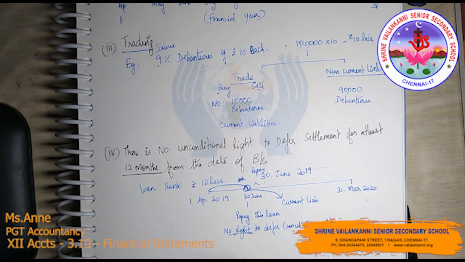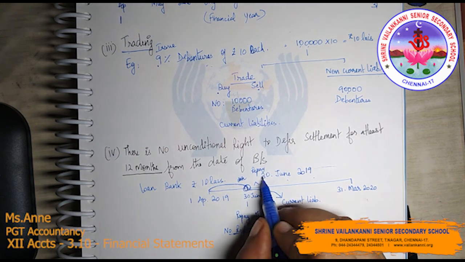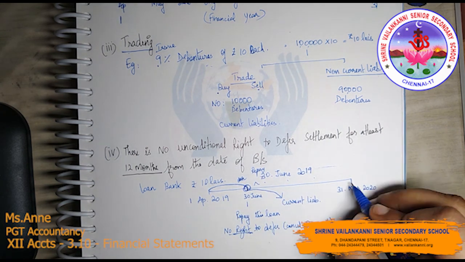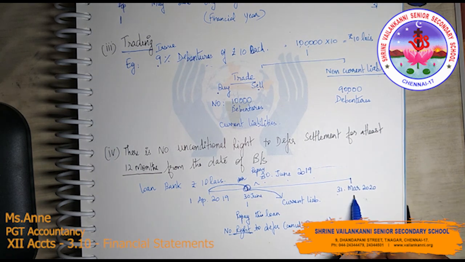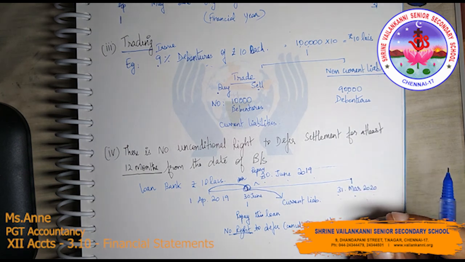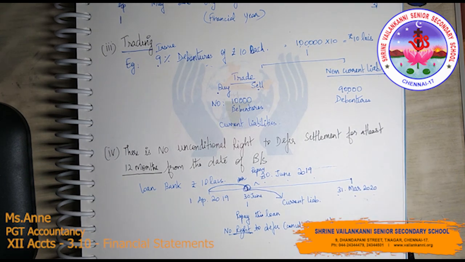Suppose this payment is not 30th June, but 31st March 2020. You have to pay on 31st March 2020. You cannot say, sir, you are having corona and we will not be able to make payment, we have lost so much. You cannot say all those things. You have to pay.